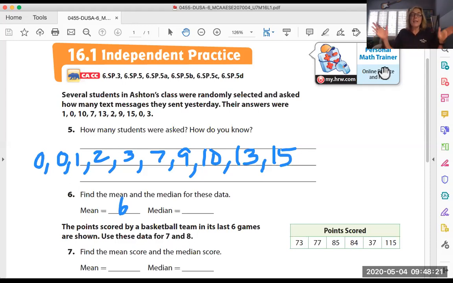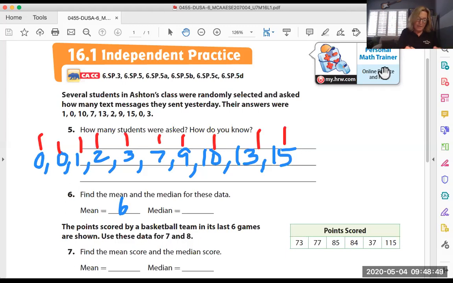Now the median is when we want to get to the middlemost value. Yesterday we talked about when you have an odd number of values versus an even number of values. Well, in this case, we have an even number of values. So what does that tell you? Let's do it and find out. I'm going to go first and last, and I'm going to work my way in. Next in, next in, and so on.